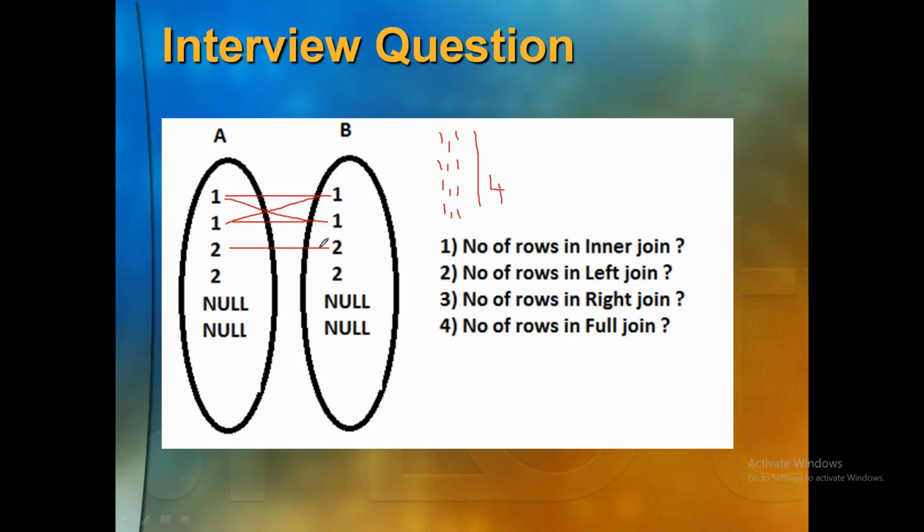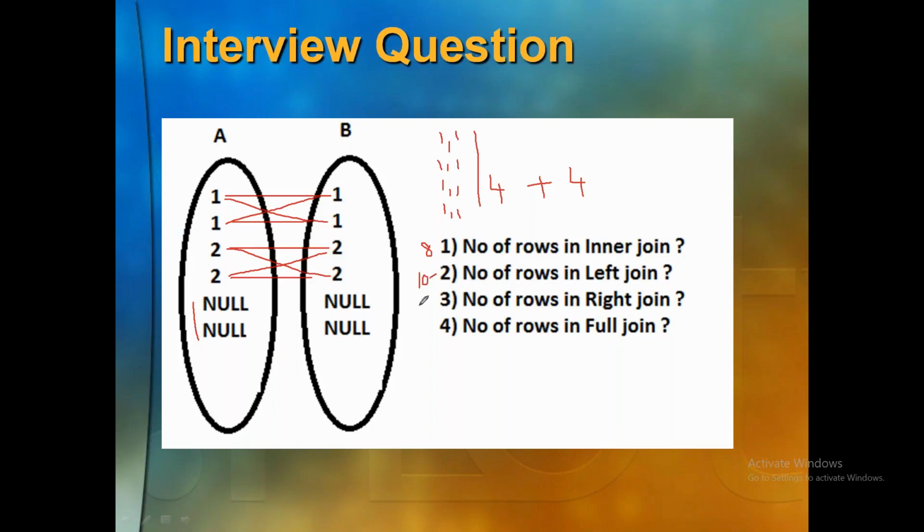Again 2 into 2 and 2 into 2, again you have 4 more rows. 4 plus 4, 8 rows are matched data. So number of rows in inner join is 8, plus 2 unmatched data, 8 plus 2, 10 will be your answer for the second query.